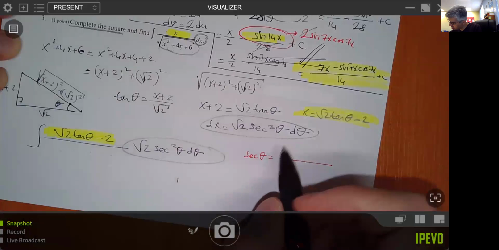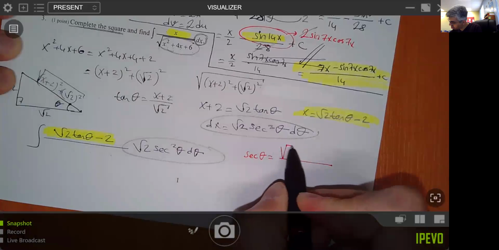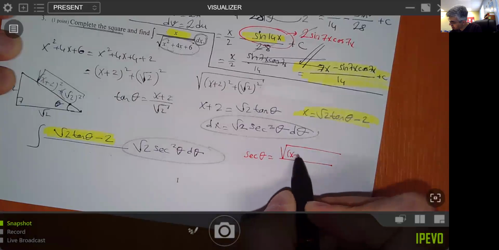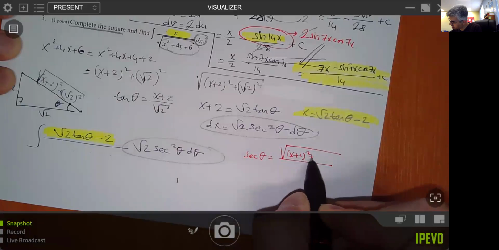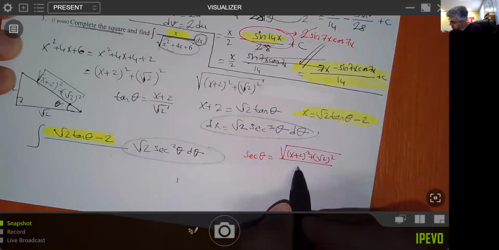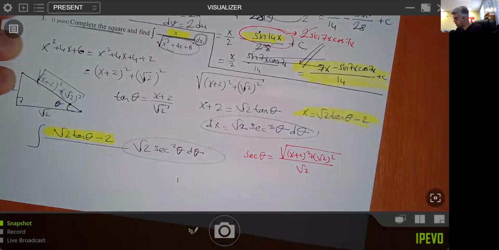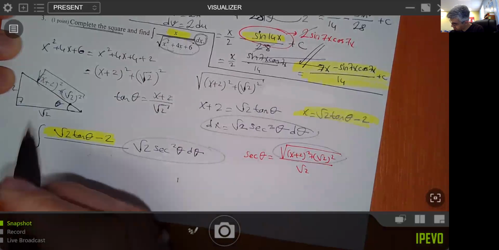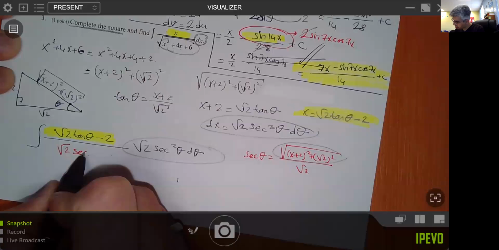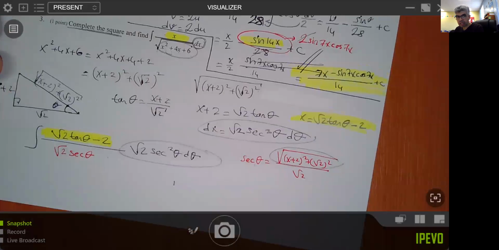So that is root of (x plus 2) squared plus root 2 squared over root 2. So what is this equal to, guys? It's root 2 secant theta. I write it here in denominator. Root 2 secant theta. And do you see the simplifications here?